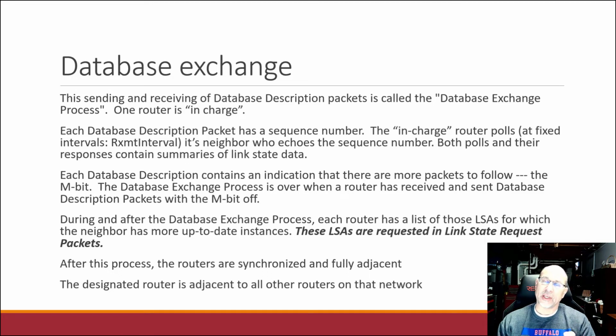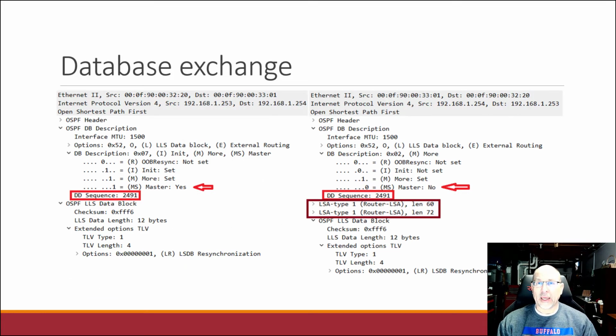And so this is the information that comes back in the response to the database description polling message. After we bat this back and forth, eventually the routers become synchronized and have established a full adjacency. And again, the designated router is adjacent to everybody else, but everybody else is not necessarily adjacent to the designated router.